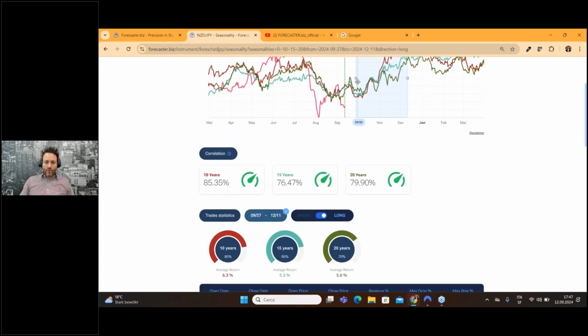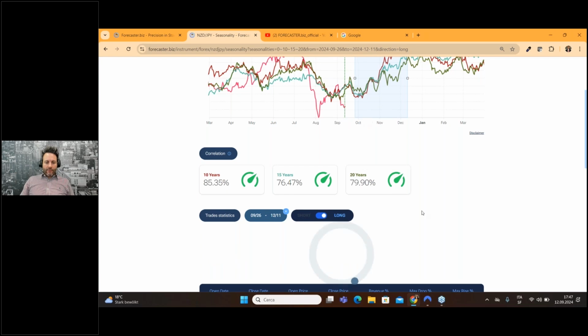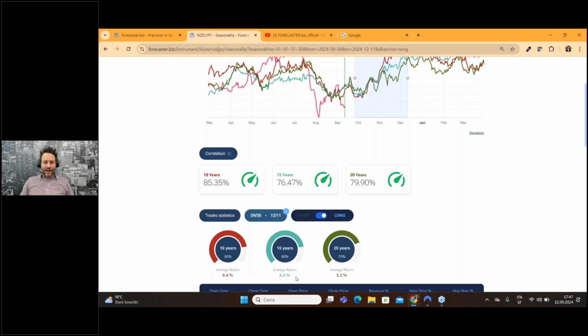We can have a look at the numbers. If we start today, we can have today or tomorrow an average of 5%. Starting from the end of September, we have an average of a little bit more than 5, let's say 5.5.